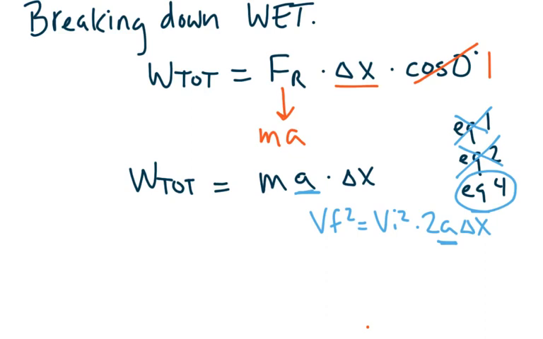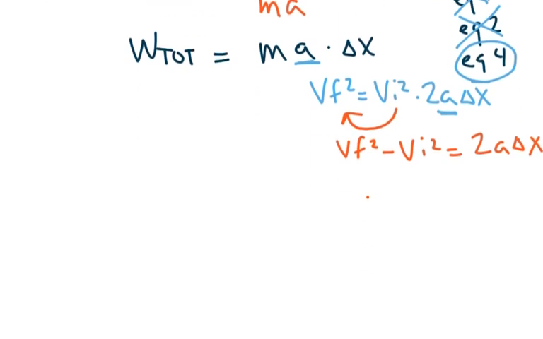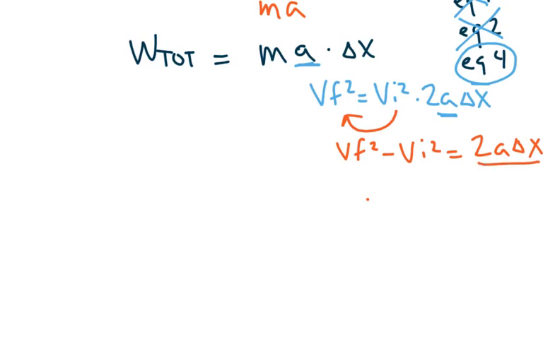So we're playing a kind of substitution game here. If I want to isolate my a, I'm going to bring this over. So we end up having v final squared minus v initial squared equal to 2a delta x. And I can isolate my a here by dividing both sides by 2 delta x. By doing that, I'm isolating my a.